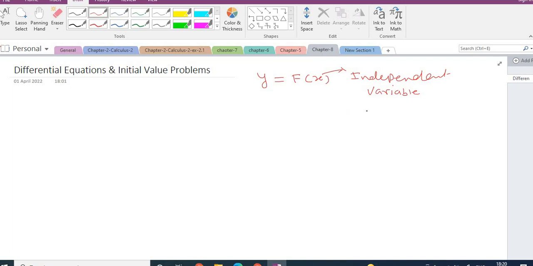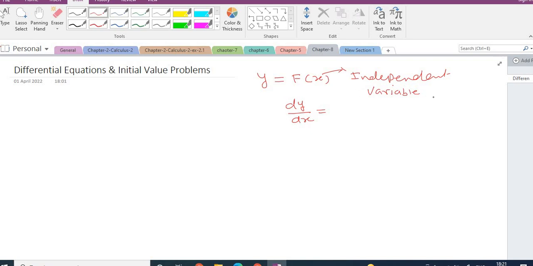If this type of function is given and you differentiate it and write dy dx, you are writing the derivative of this function.